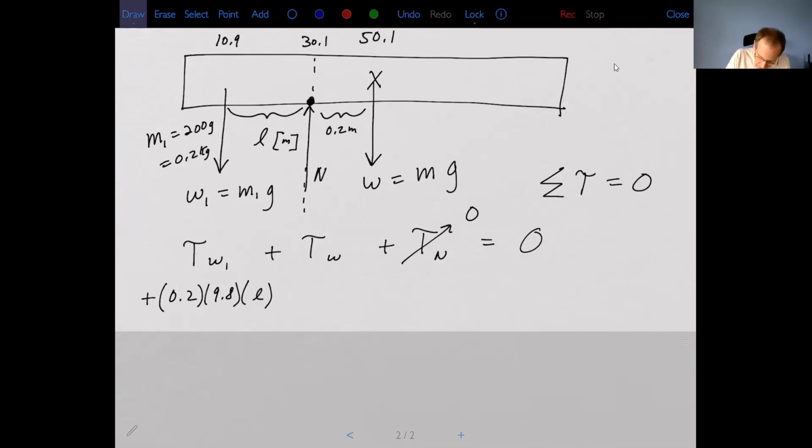And then for the weight of the meter stick, the force is the weight. We don't know M, so I'm just going to leave this as M. G is just 9.8. And then what is the moment arm? Well, by design, it's this distance which we set to be 0.2 meters. So this is just 0.2. And is that torque positive or negative?